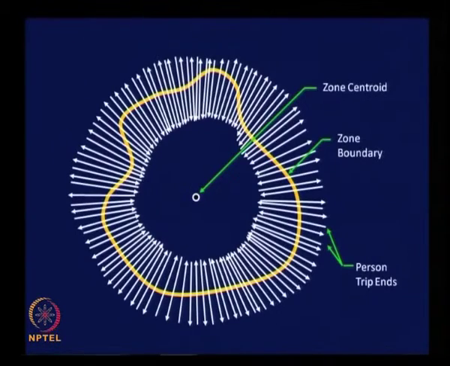We just obtained percent trip ends in total associated with each of the traffic zones at the end of step 1, namely trip generation analysis, which includes both trip production as well as trip attraction analysis, right.